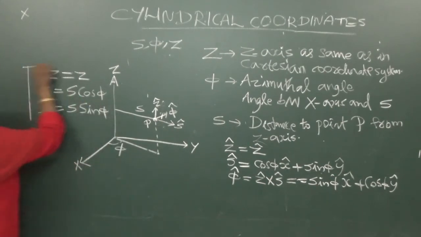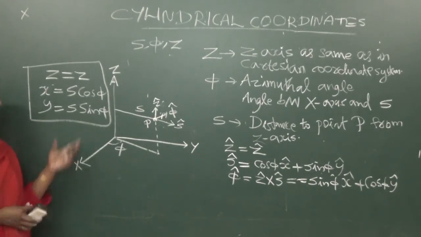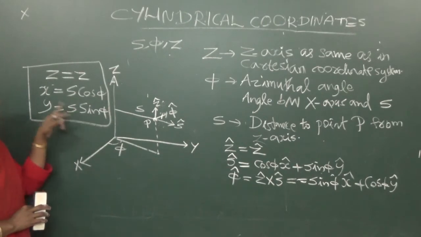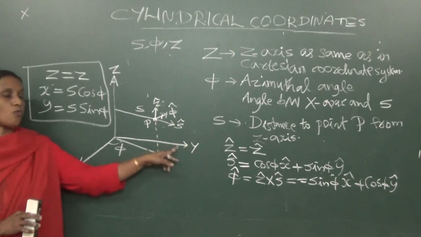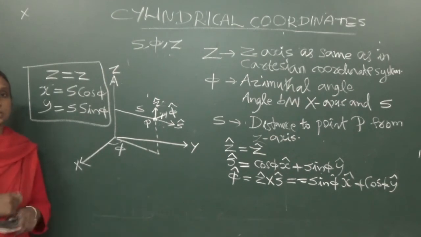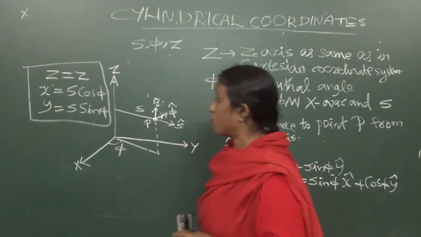This is the connection between Cartesian coordinates and cylindrical coordinates. Z is equal to Z, as we already learned. Similarly, you can find the inverse relationship also.